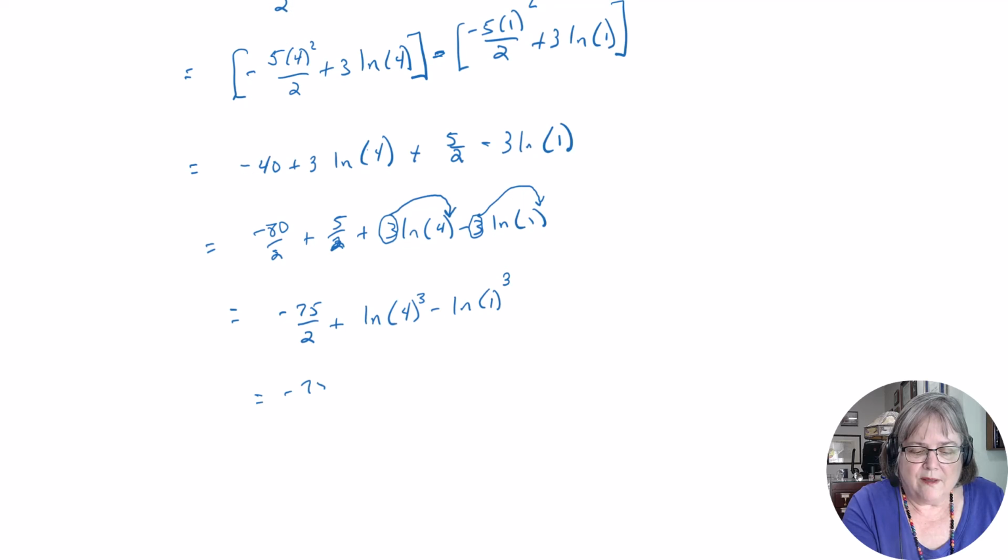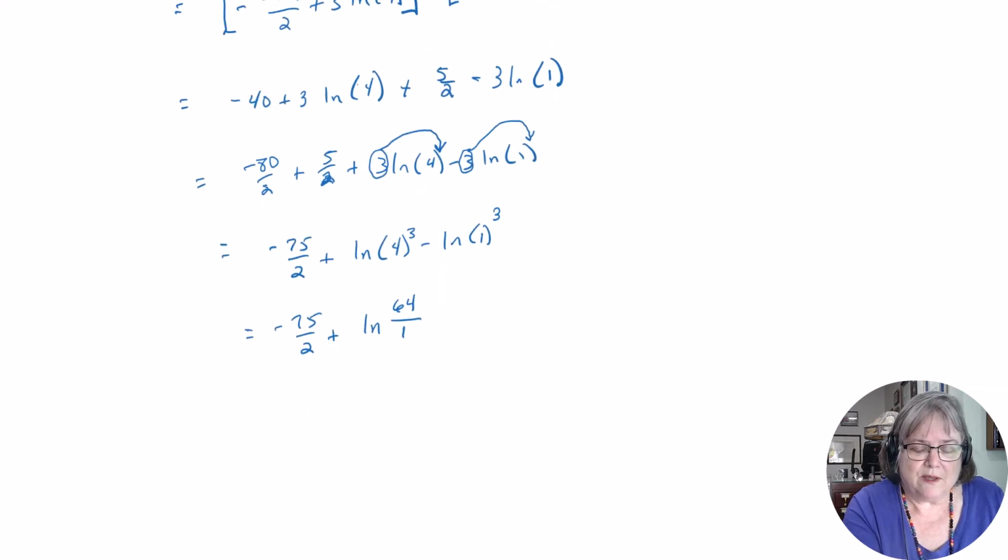So you have negative 75 over 2 plus natural log. And do you remember, if you were subtracting natural or any log of the same base, you can combine them into a single logarithm by dividing. So this would be 4 cubed is 64, divided by 1, which is just 64.